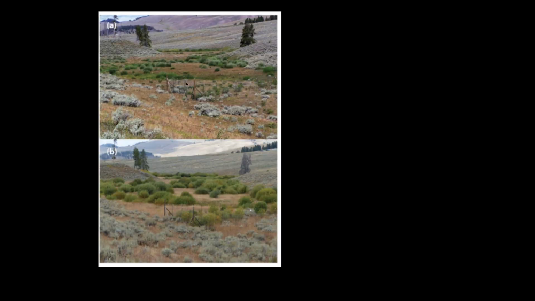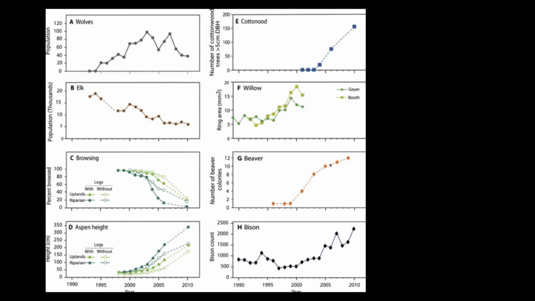Look here. This is kind of a before and after. Look at the amount of vegetation here compared to the vegetation here. There's a lot more that's growing. Why is there more growing? Well, because there's less herbivores. There's less primary consumers eating the vegetation. Look at the populations of certain animals over time.